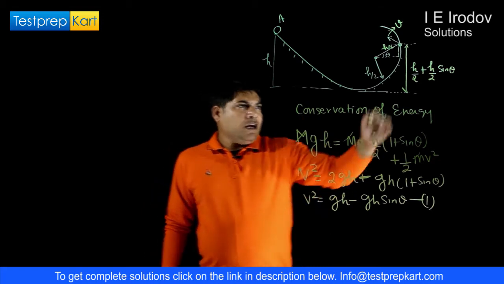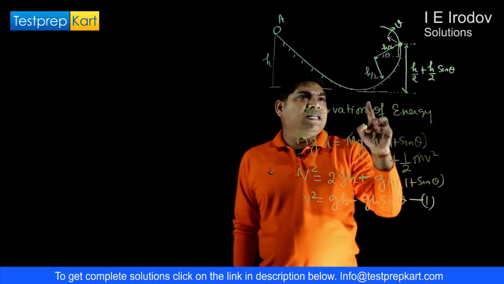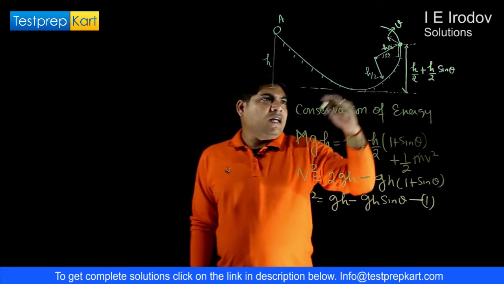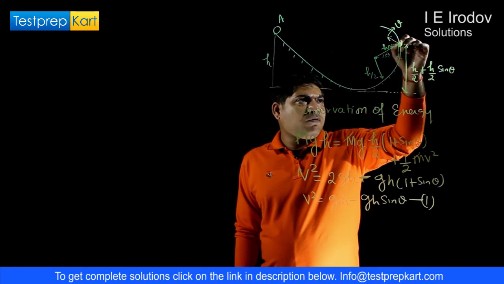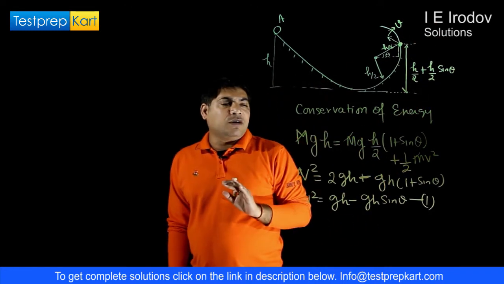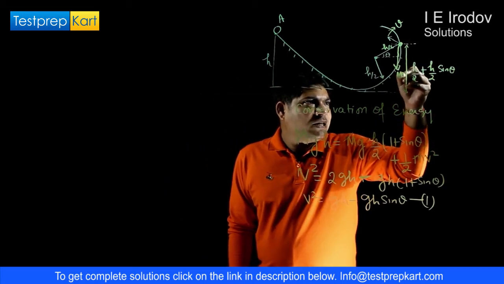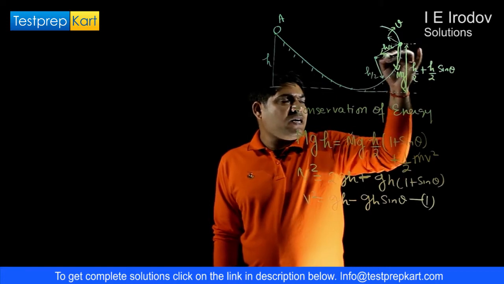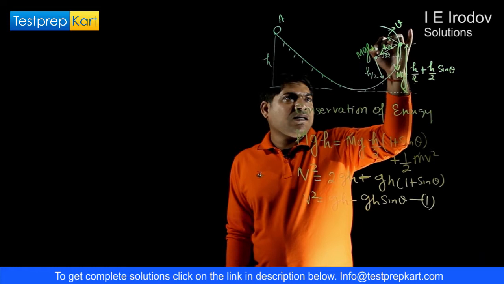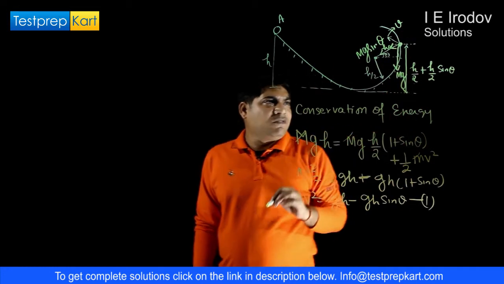Second, we calculate the net force working on this point, because it is performing circular motion. The net reaction force from this surface will be equal to the centripetal force working on this object. Its weight is mg, so there will be one component due to this weight, that is mg sine theta. There will be a normal reaction from this surface.